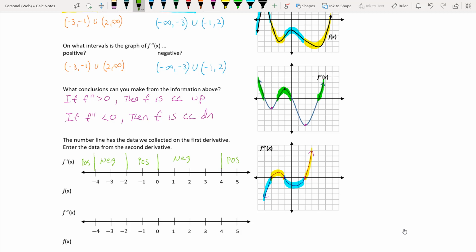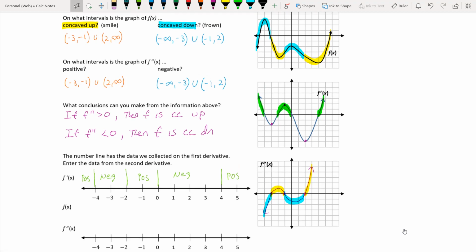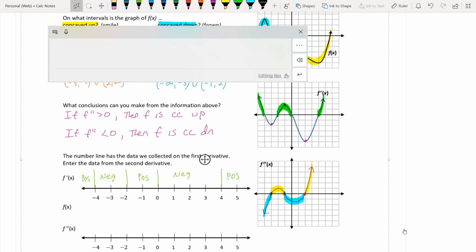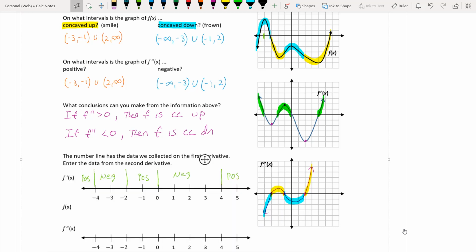So what does that tell me about f of x? Well, if you look at f of x on each one of those intervals, from negative infinity to negative 4, I'm increasing. And then from negative 2 to 0, I'm increasing on that interval as well.